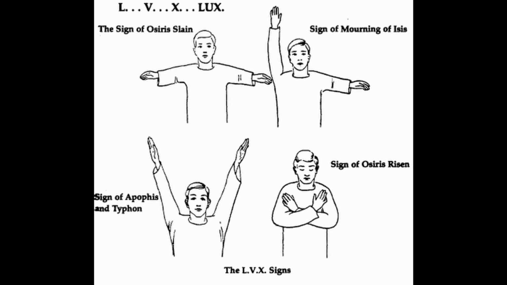Step 6. Now, form each letter, saying the name of each letter as you do so. This is called by the word they spell, which is pronounced to rhyme with the word boots. L, V, X, Lux.